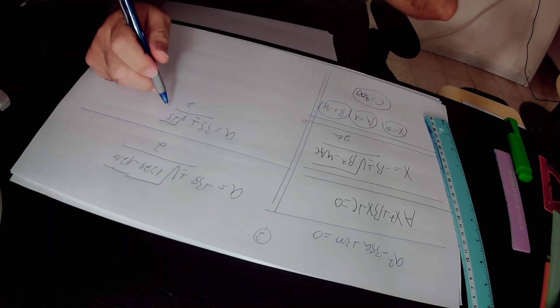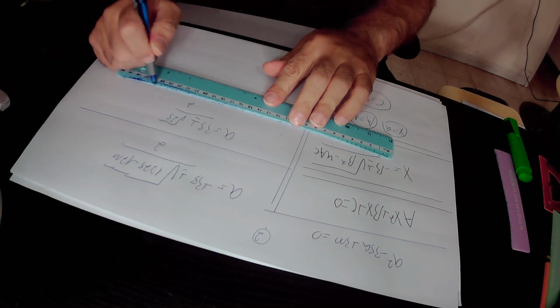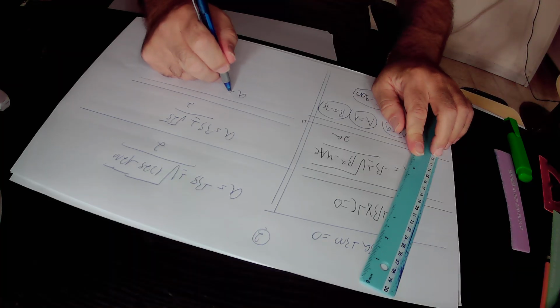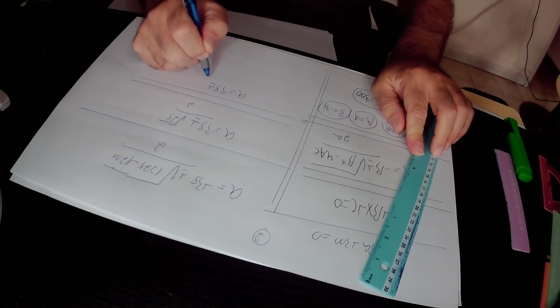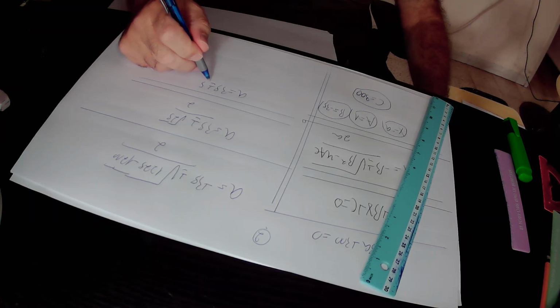The square root of 825 is about 28.7, so in total a equals 45 plus minus that over 2.